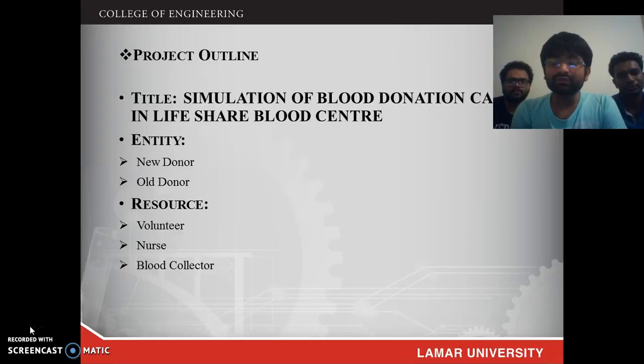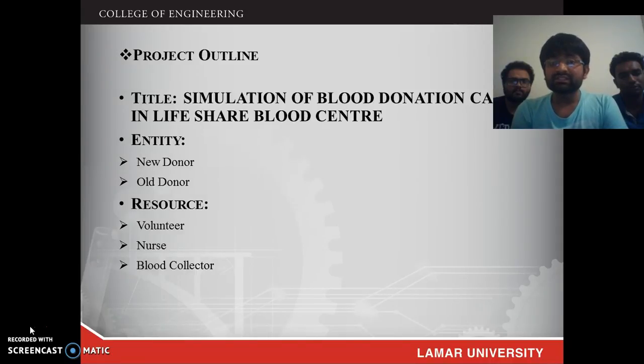The role of the volunteer is to collect the data of the donor, like the donor's weight, height, temperature, blood pressure, the blood group of the donor and everything about the donor.